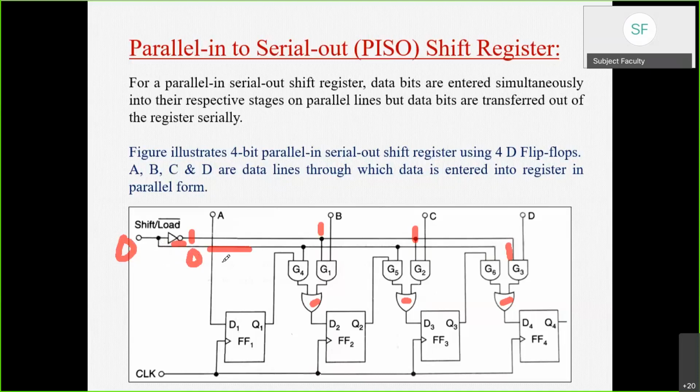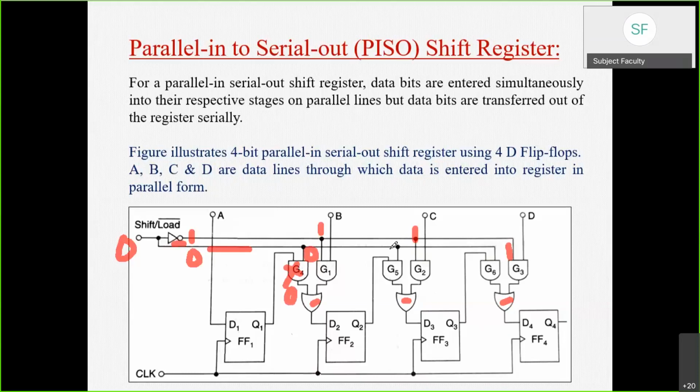So the points connected to this line will be given as 0. You can observe that one of the inputs of G4 is 0. We know that whenever one of the inputs to an AND gate becomes 0, that gate becomes disabled, meaning its output will be 0.